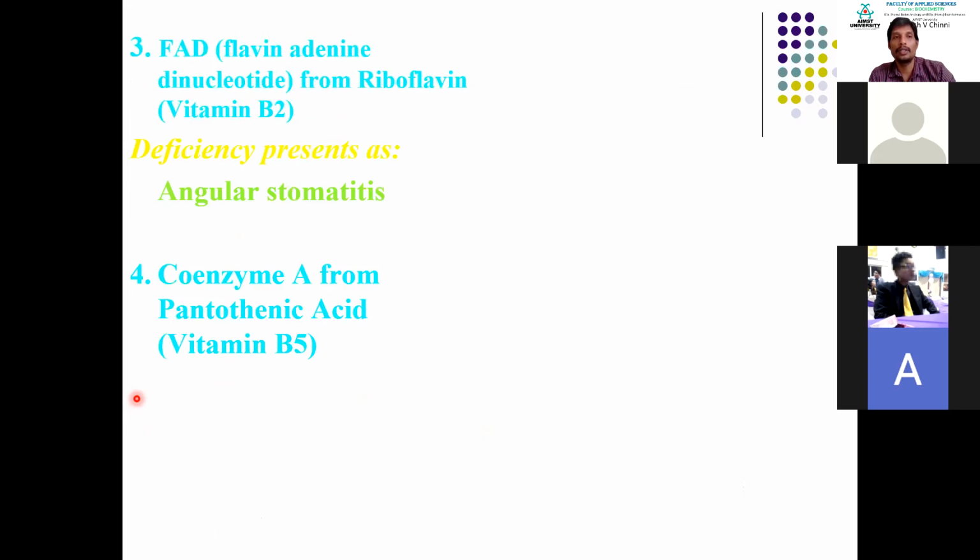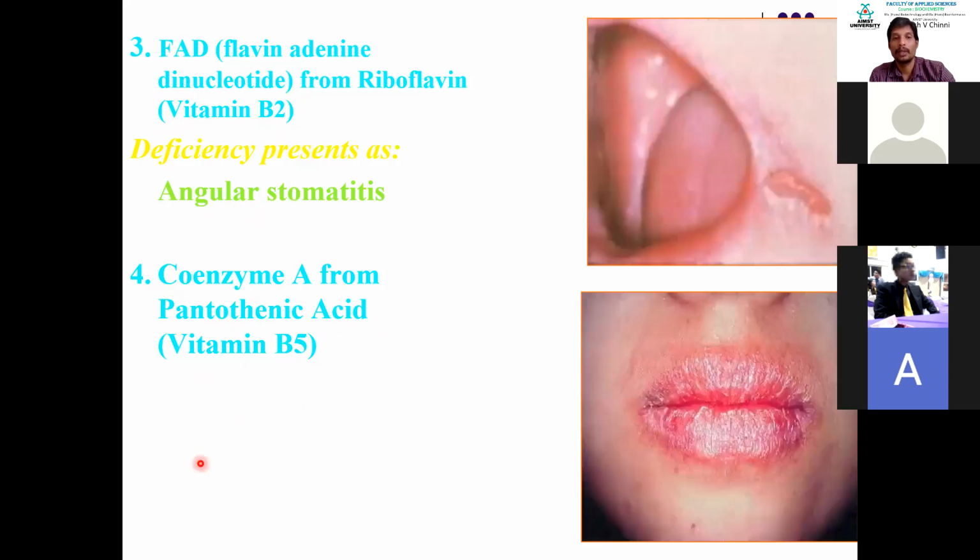And another one is B2. B2 is the source for FAD, another coenzyme for the pyruvate dehydrogenase. If they have a deficiency of B2, it leads to angular stomatitis. And B5, pantothenic acid, is the source for coenzyme A.